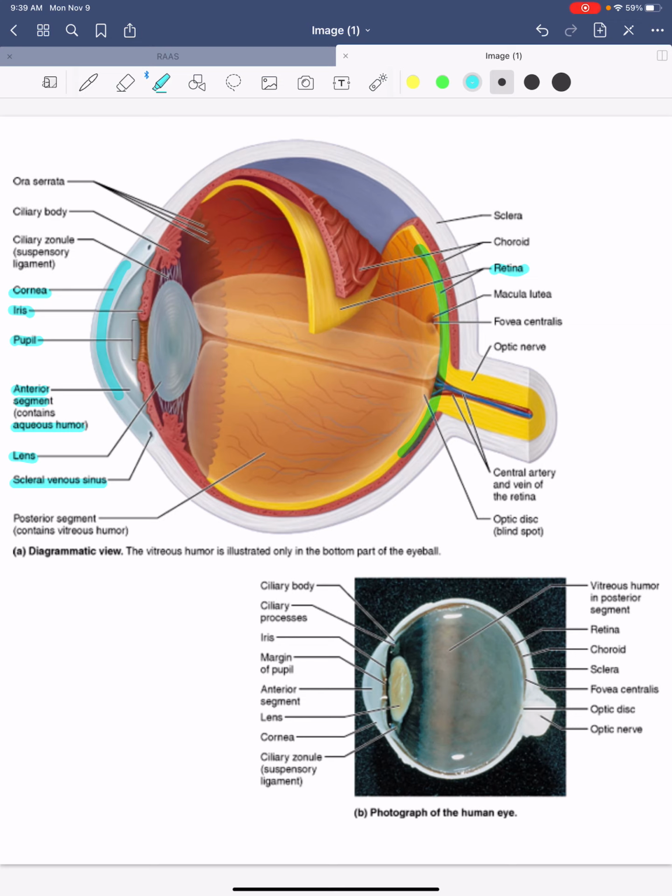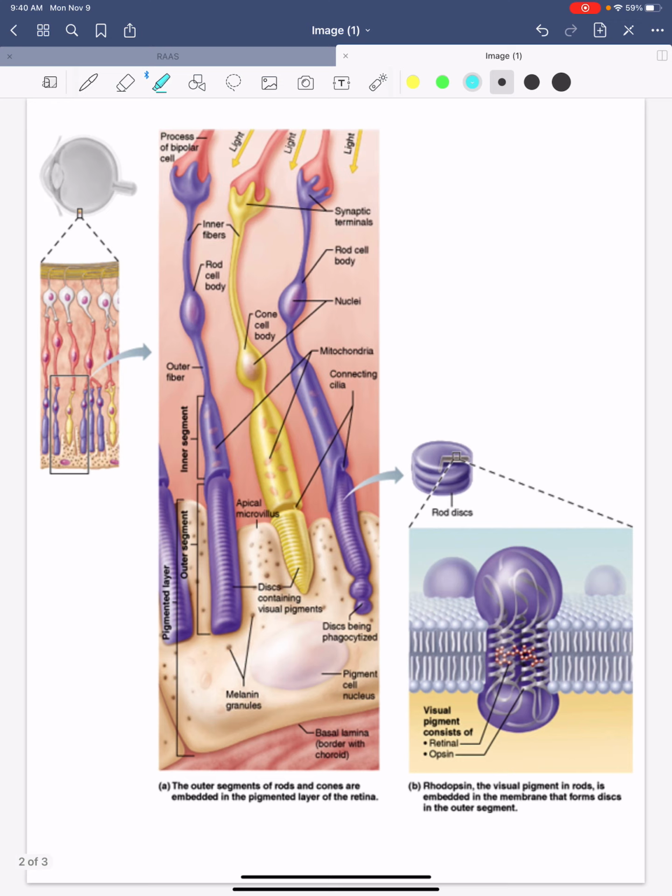A little known fact about the retina is that it's actually part of your brain, even though it's in your eye. This is because it contains neural tissue. The retina contains cells called photoreceptors, which are the rods and the cones.